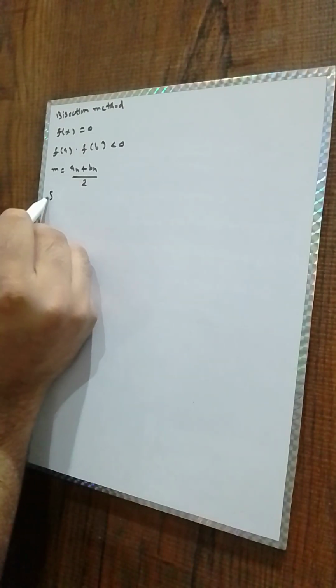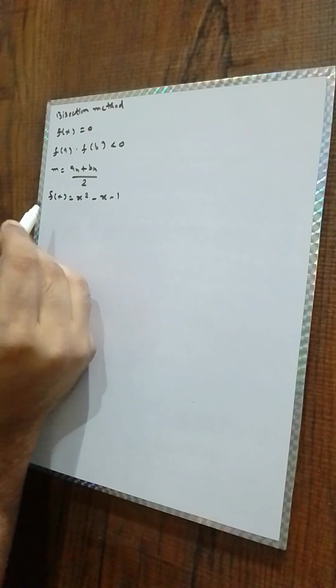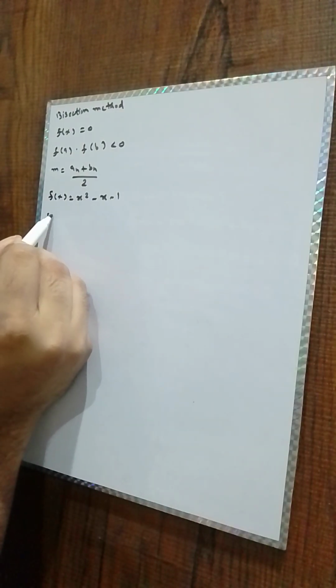or stage, let's say. So if we have a function which is x square minus x minus 1, the first thing we do is the arbitrations.